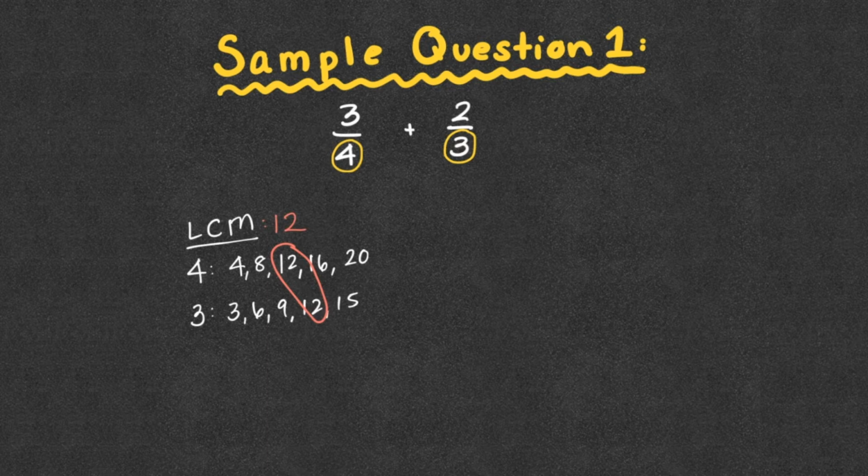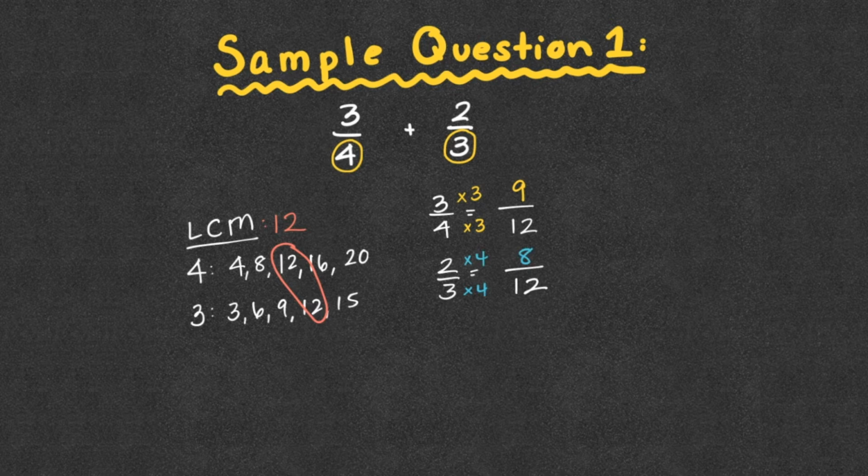What that means is that both of my fractions are now going to be out of 12. So I have 3/4 will now have a denominator of 12, and 2/3 will now have a denominator of 12. 4 times 3 gave me 12, so 3 times 3 gives me 9. 3 times 4 gives me 12, so 2 times 4 gives me 8.